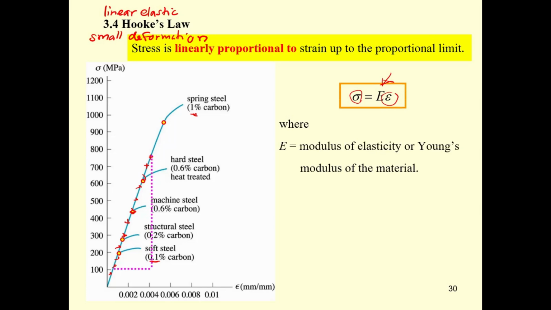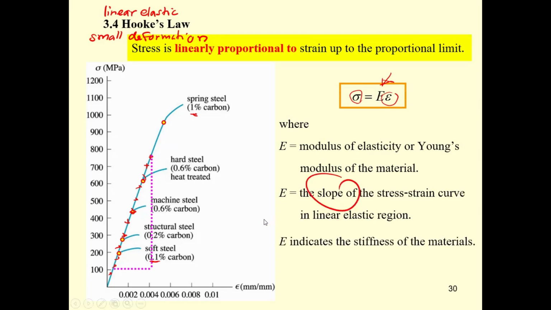And again, that's going to be the slope and represent the stiffness of the material. A high value of E means the material is stiffer than a material having a lower value of E, such as E sub ST, which is 200 gigapascal. This one is stiffer than the E of aluminum of 70 gigapascal, for example.